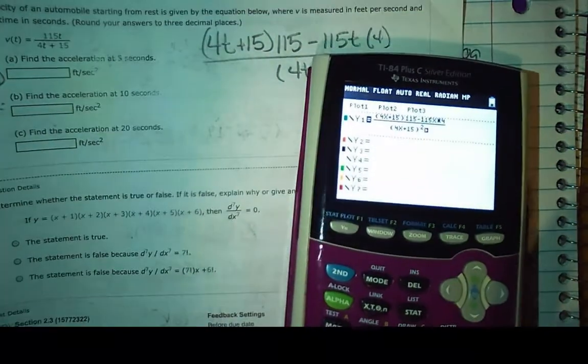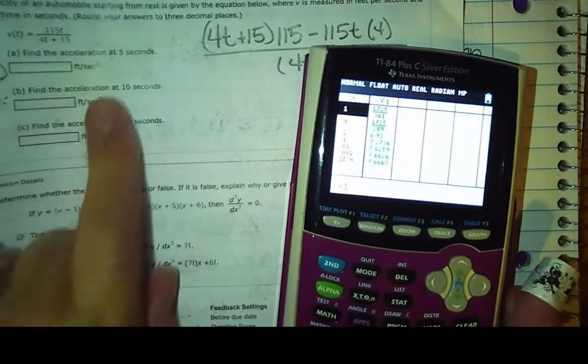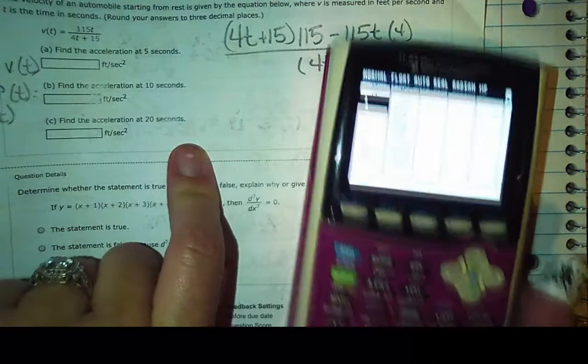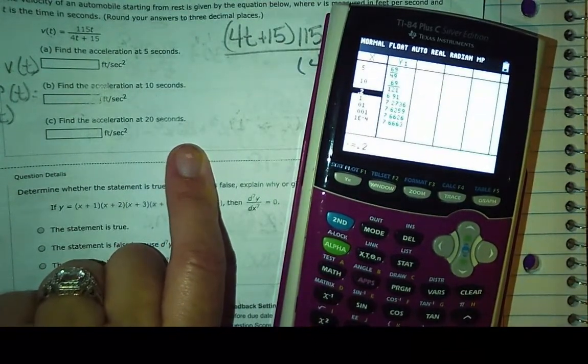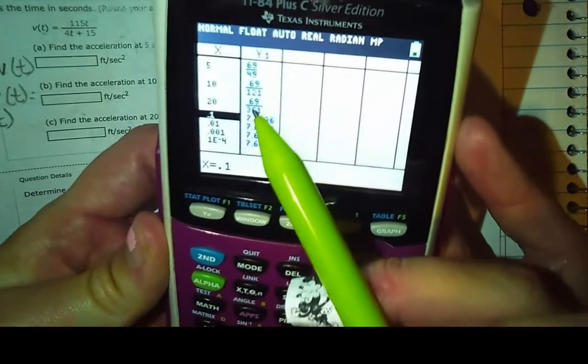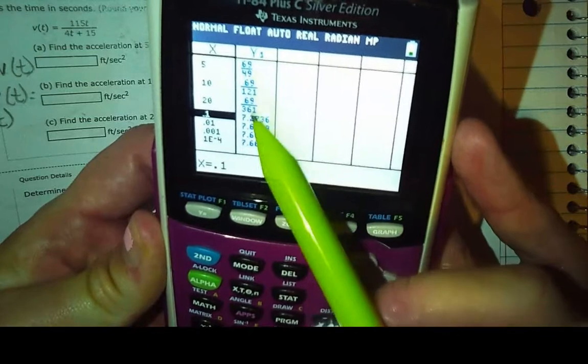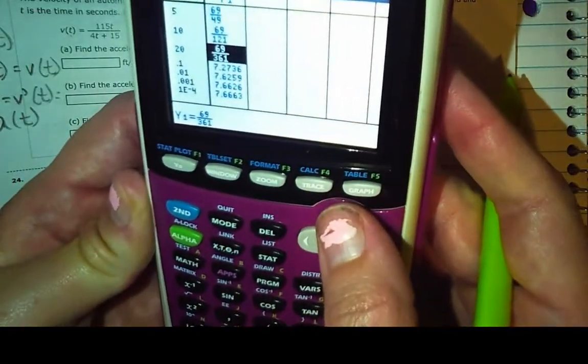So I'm just slapping it in my y equals. And then when I do this, I need to evaluate it at 5, 10, and 20. So 5, 10, and then 20. Okay, so since I entered it in a fraction form in my y equals, it's spitting out fractions here. It says to round it to 3 decimal places.